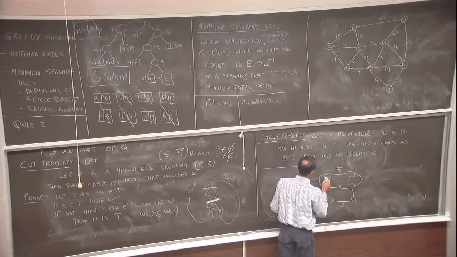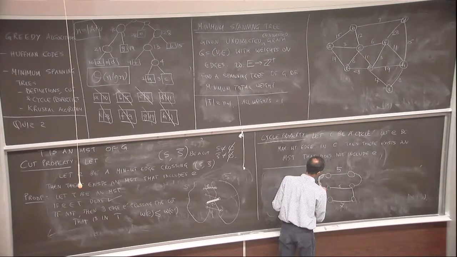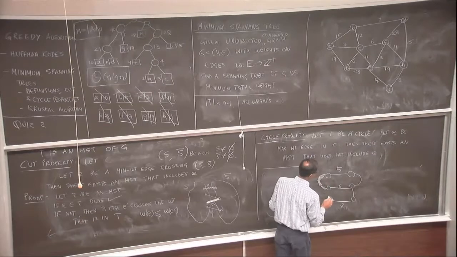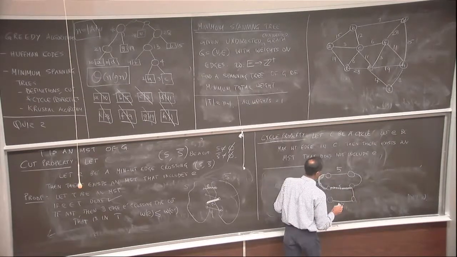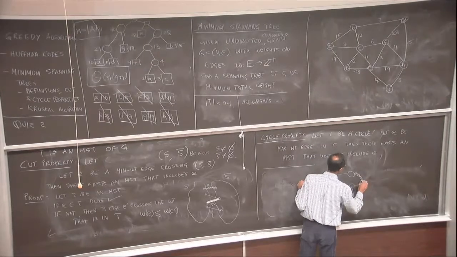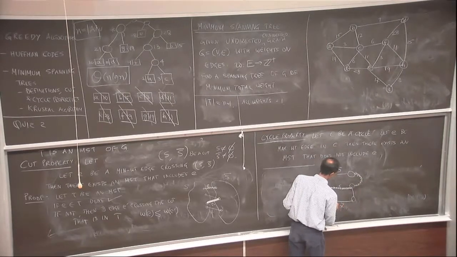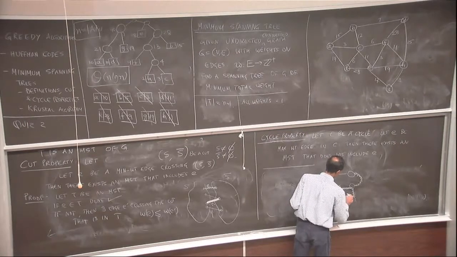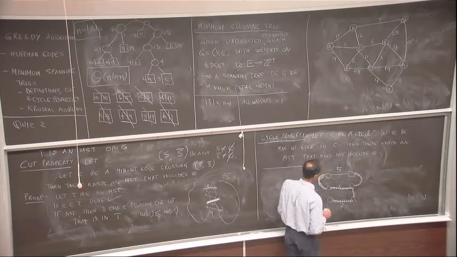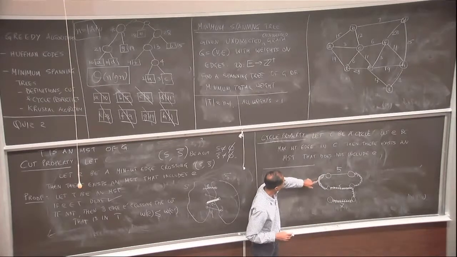So my tree is the following. My tree consists of this edge, this edge, this edge. Okay? So that's my tree.